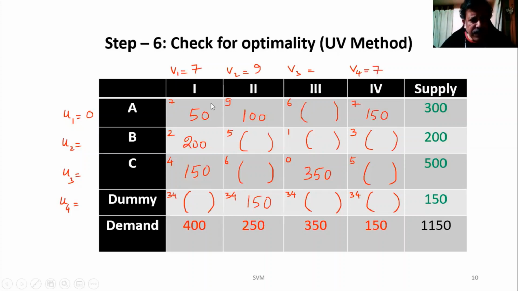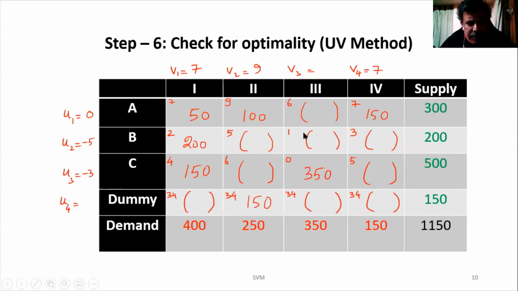Now, go back to the first column again. In the second row, something plus 7, I should get this 2. So that something should be minus 5. Then come down further. 7 plus something, I should get 4. So that means this something should be minus 3. Then in this row itself, there is one more allocation here.